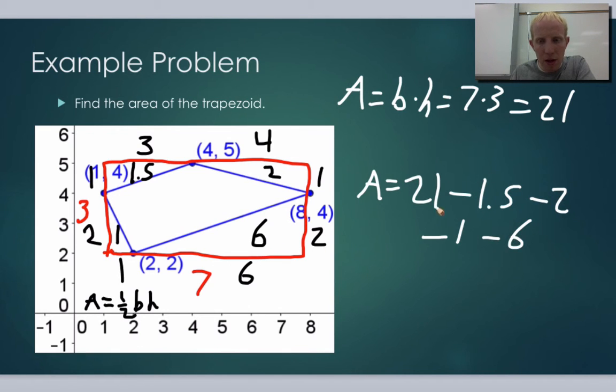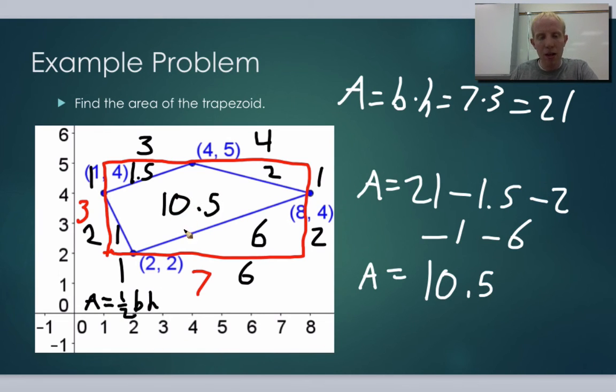Okay, and so the area on the inside, if you plug that in on your calculator, 21 minus 1.5 minus 2 minus 1 minus 6, gives you that the total area of that inside shape is 10.5, or 10.5 units squared. Okay, so there you go. This trapezoid has an area of 10.5.